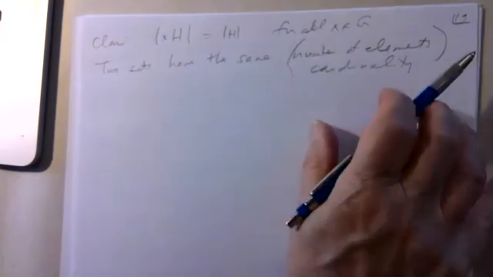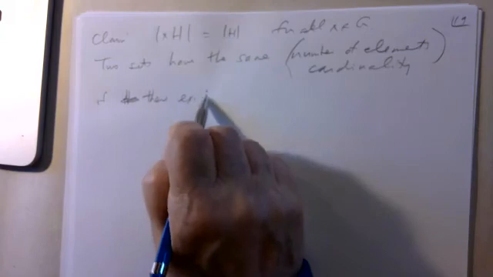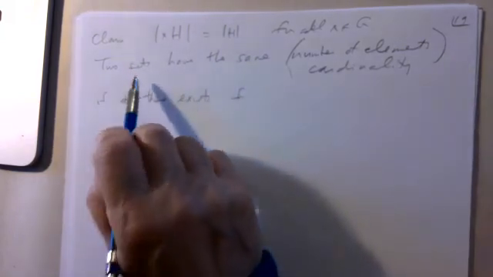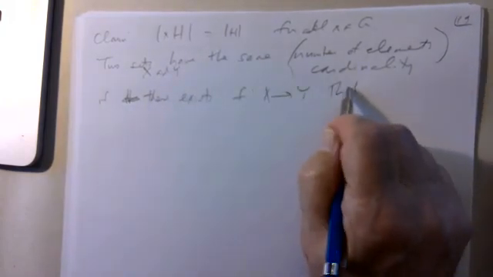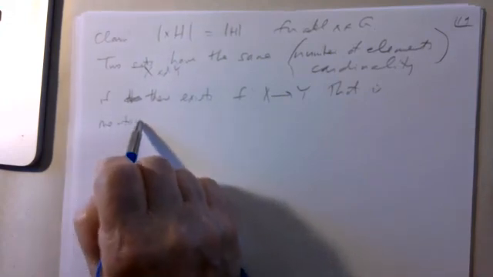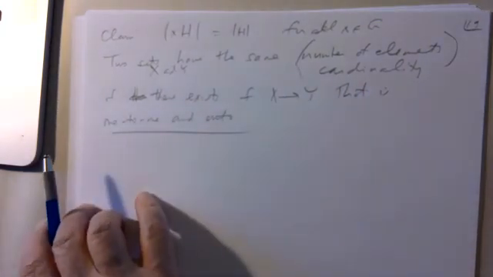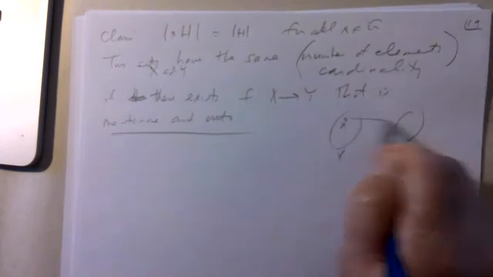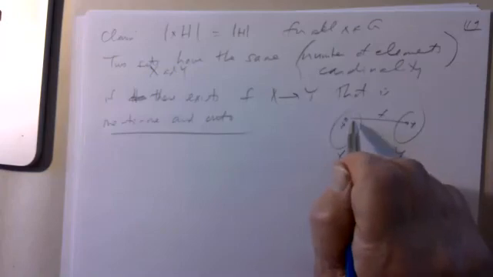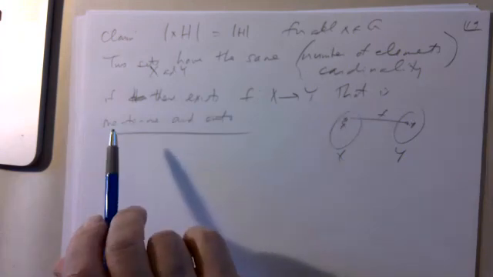So two sets, let's say X and Y, have the same cardinality if there exists a function f from X to Y that is 1-to-1 and onto. That's the definition of two sets having the same number of elements. You have some 1-to-1 correspondence between the elements of X and the elements of Y.